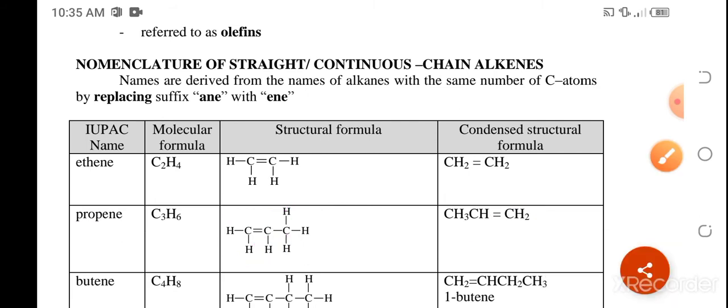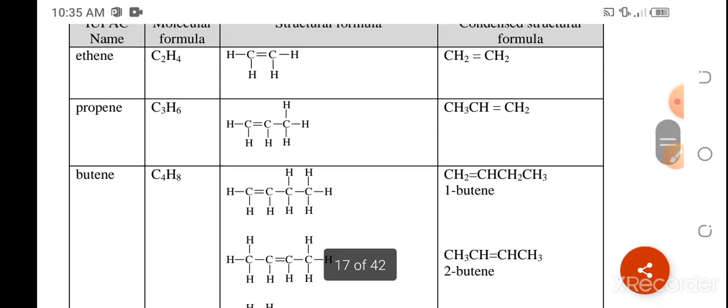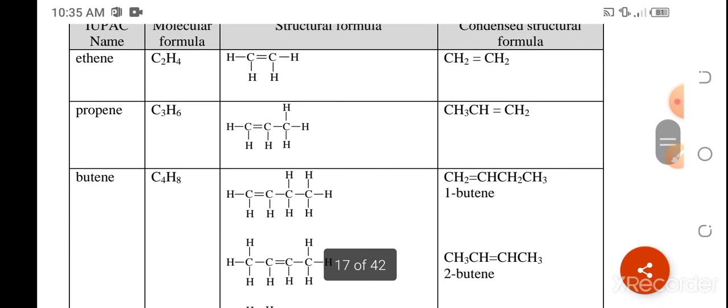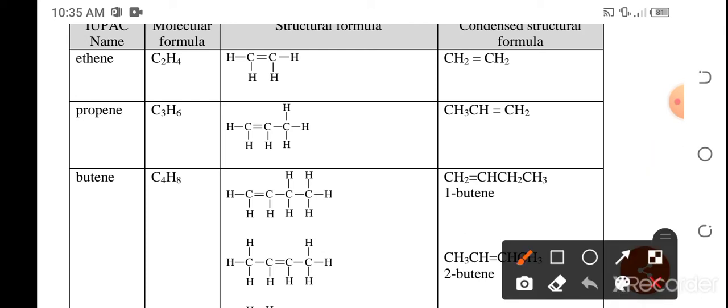The next alkene is butene. So for this case, unlike the first two that I made mention of, for butene, as you could see, kailangan na niya ng locant. Okay, this locant represents the position of the carbon atom that bears the double bond.